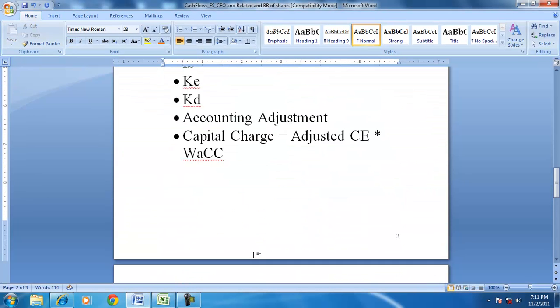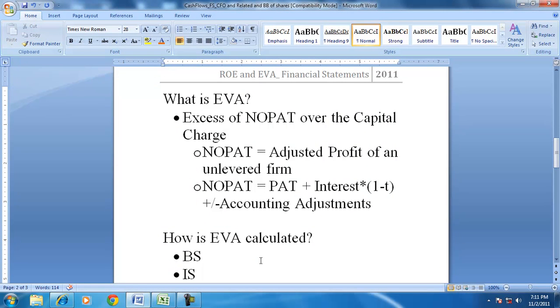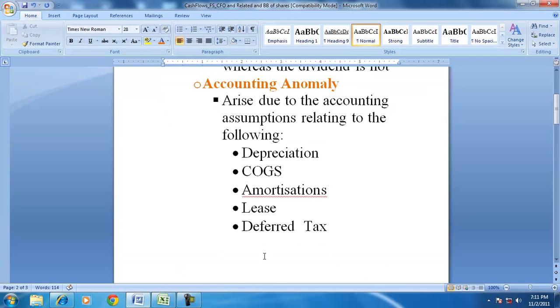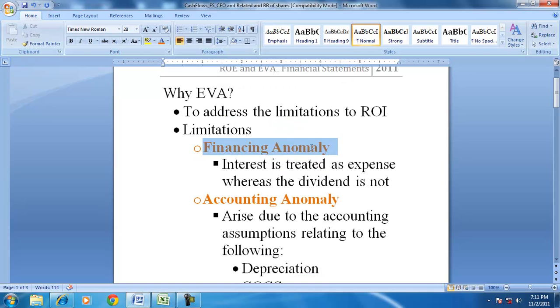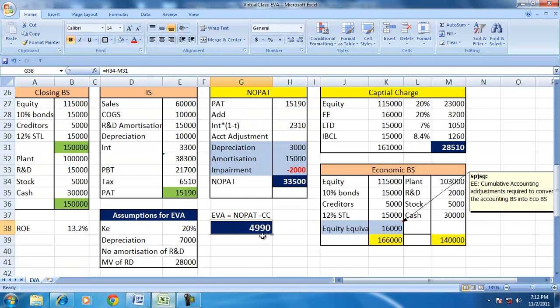So to recap, EVA is an adjusted profit, adjusted for the financing anomalies and for accounting. When we see this, we have just removed the interest from the income statement and taken it to the capital charge.